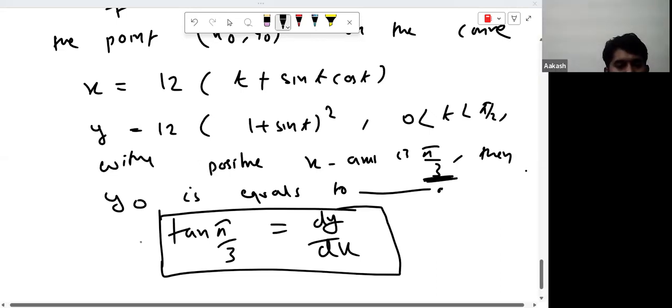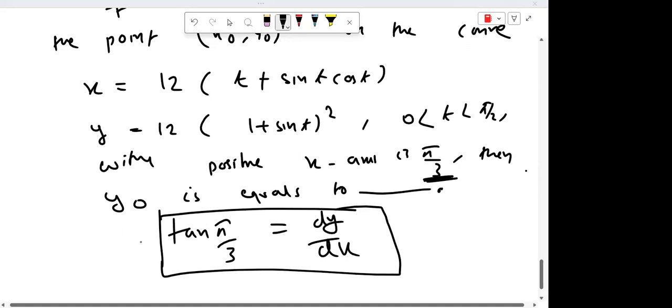You remember how to differentiate parametric form? Yes, sir.